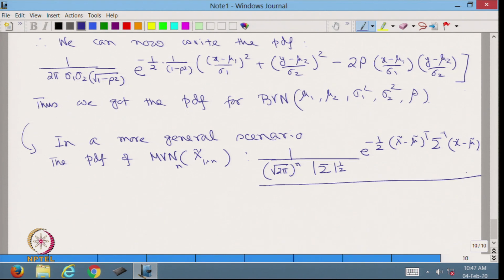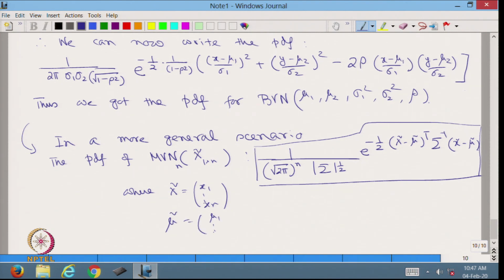So, this is going to be the formula for the PDF of multivariate normal, where x is x 1, x 2, x n, mu is equal to mu 1, mu 2, mu n, and sigma is equal to sigma 1 square, sigma 2 square, sigma n square, and the ijth element here is going to be rho sigma i sigma j.